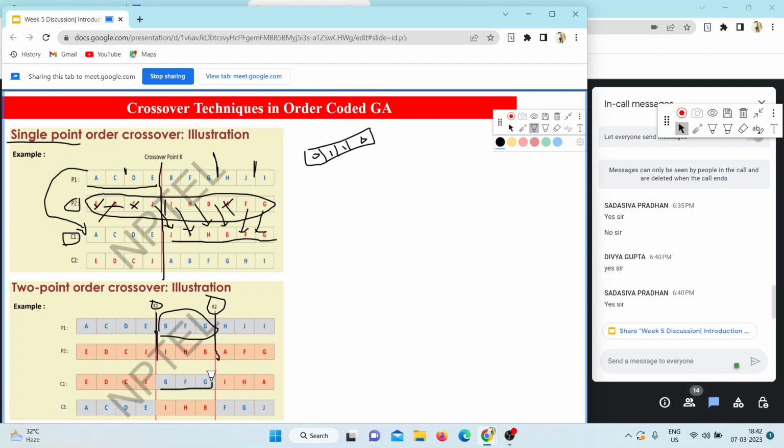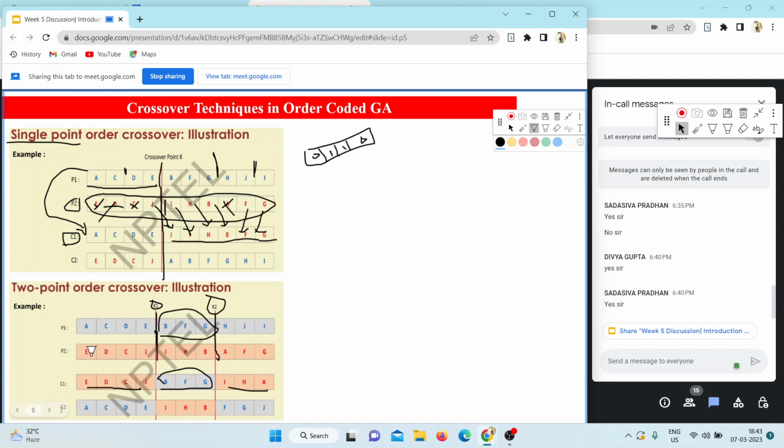So we have exactly copied BFG from P1 to C1. Now what about the remaining bits, that is before the imaginary bar as well as after the imaginary bar? For bits before and after the imaginary bars, you take the bits from P2, but only one condition, that bits should not be repeated.